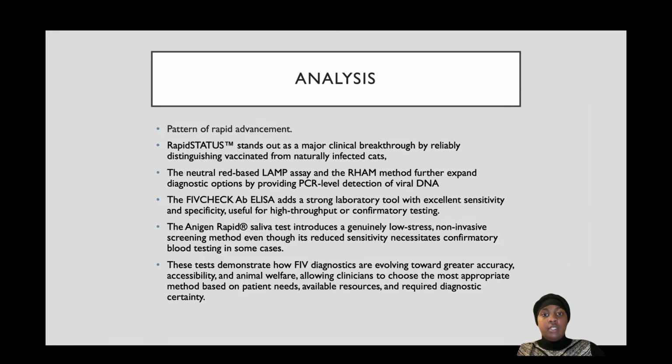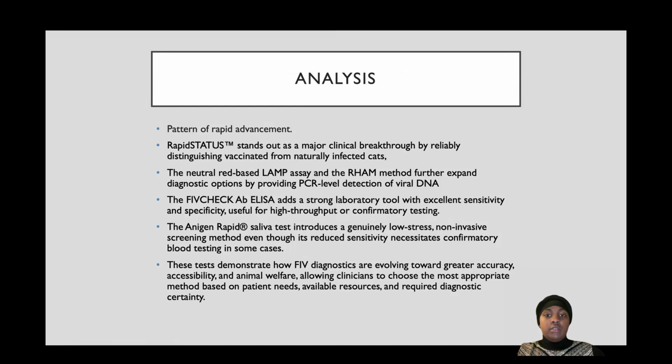Across the 5 diagnostic technologies evaluated today, there is a clear pattern of rapid advancement towards more accurate, practical, and context-appropriate FIV testing. FIV status stands out as a major clinical breakthrough by reliably distinguishing between vaccinated cats and naturally infected cats, solving a long-standing issue in FIV serology and improving confidence in point-of-care decision-making.